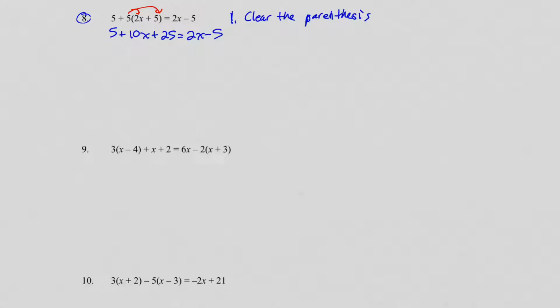Okay, so now we observe and say, wait a second. This right side is simplified, but over here on the left side, I can put those two together. So our second step is to combine like terms, CLT, on the left, because the right's already done.